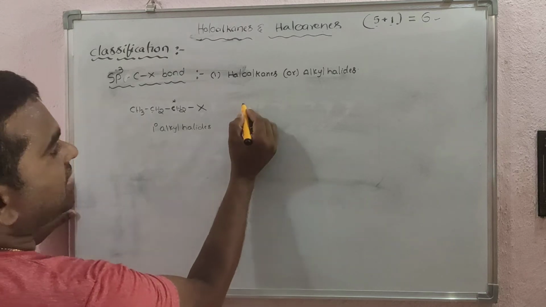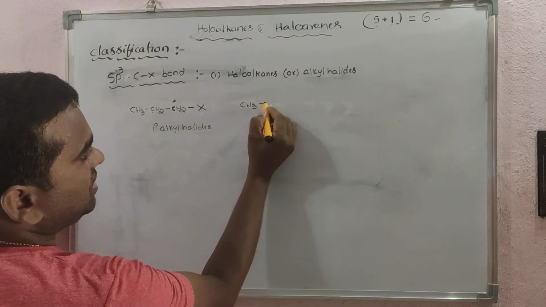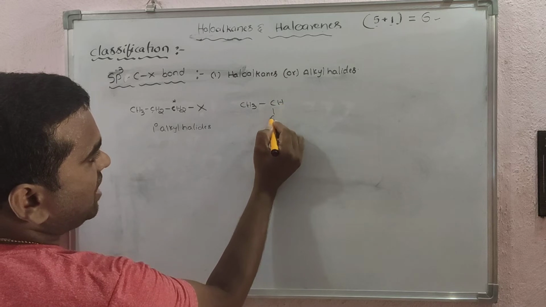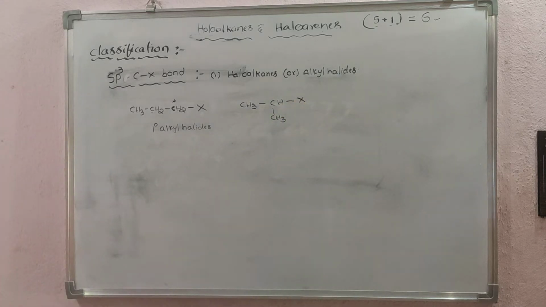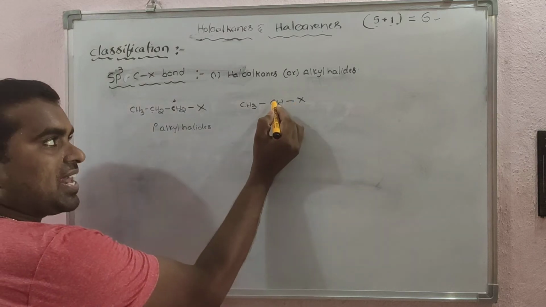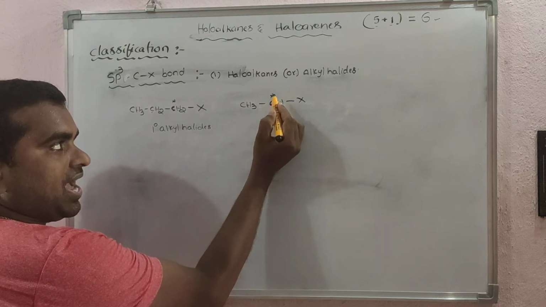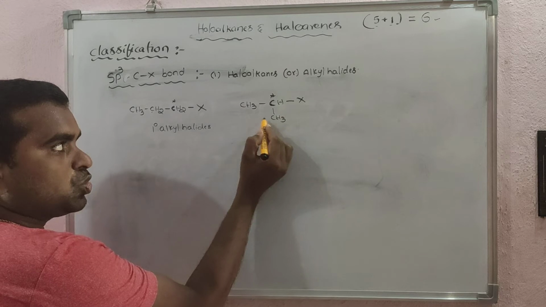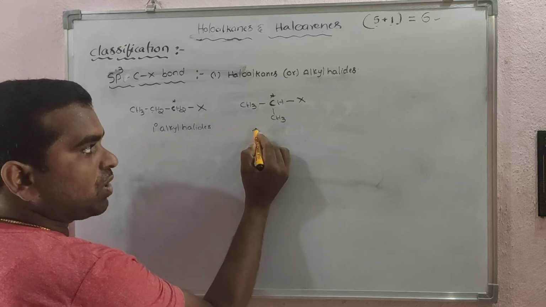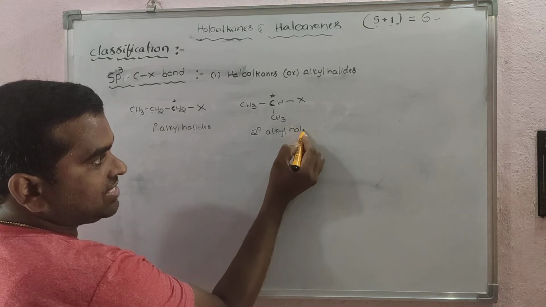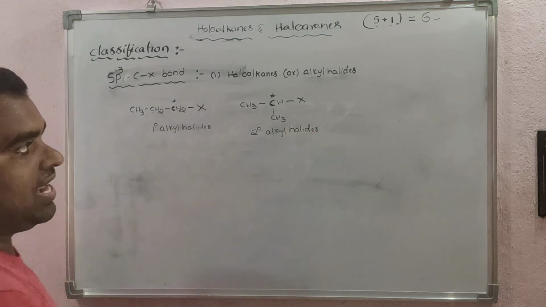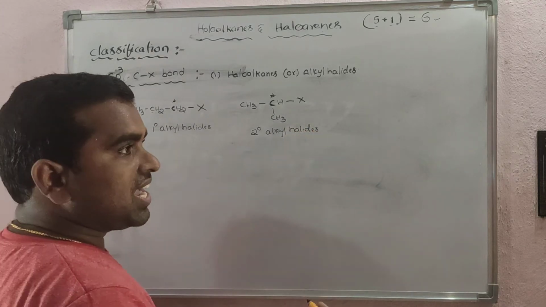Secondary means, and this is the secondary, CH3CHCH3, and suppose I write X. See now, the halogen attached carbon, this carbon is attached to how many carbons here? Two carbons. Two carbons means it is which one? Secondary alkyl halide. In the same way, tertiary alkyl halide.